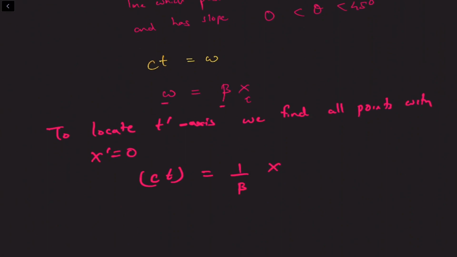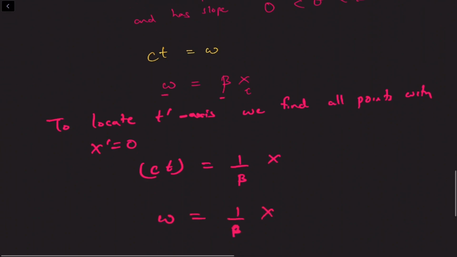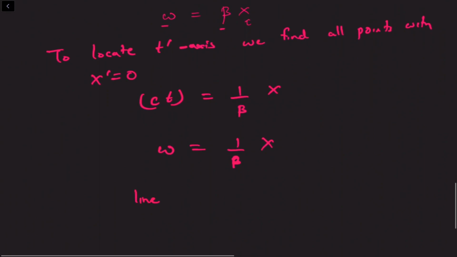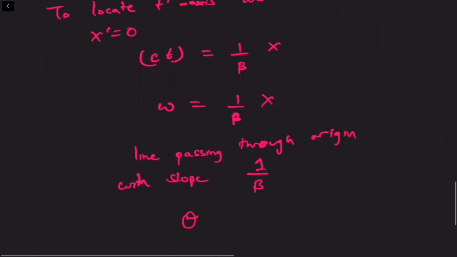Or in this notation where we define ct as w, w is 1 by beta times x. So this would again be a line passing through the origin, with slope 1 by beta rather than beta, which means that the angle that this line makes would be greater than 45 degrees, but still less than 90 degrees for positive values of beta.